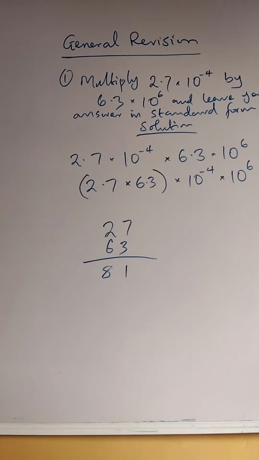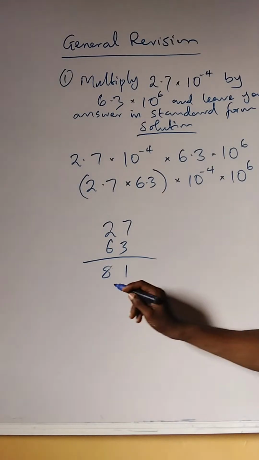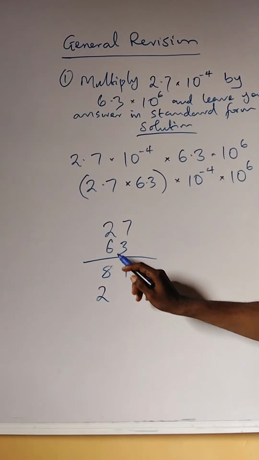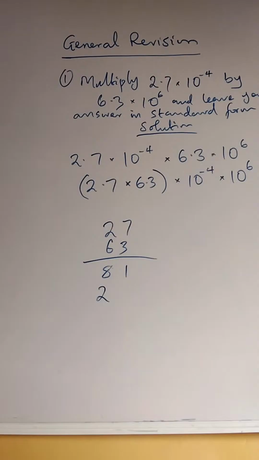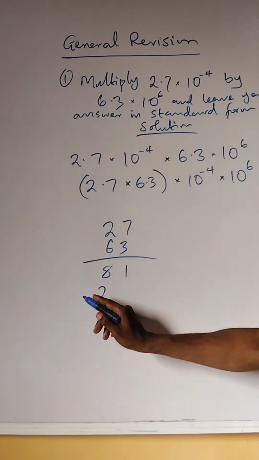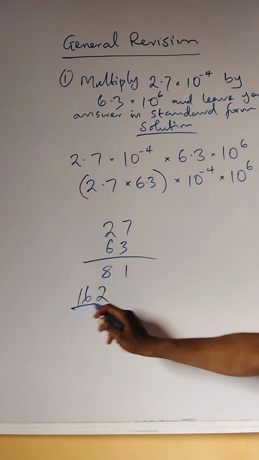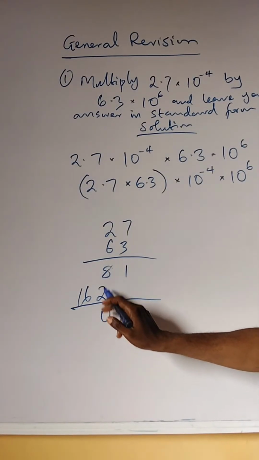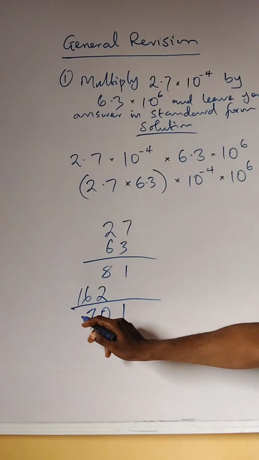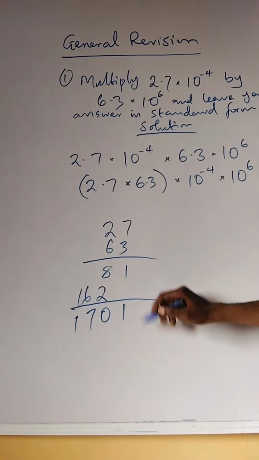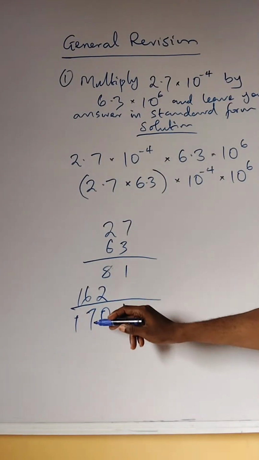We write 2, we keep 4, then 6 times 2, 12, and 12 plus 4, that's 16. And we have 1, 0, 7, then 1.